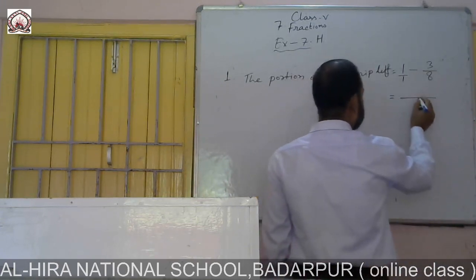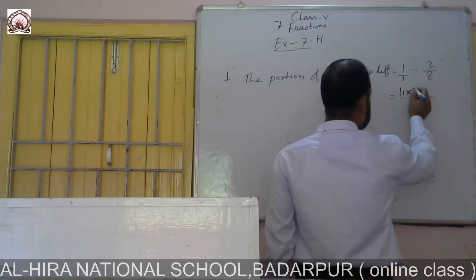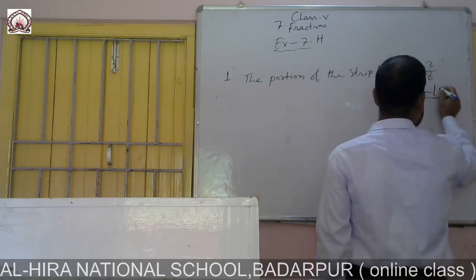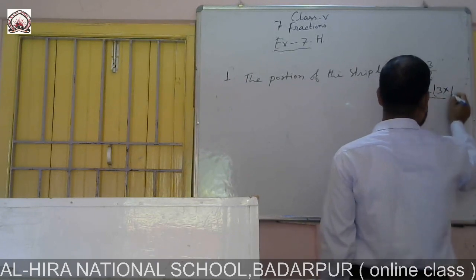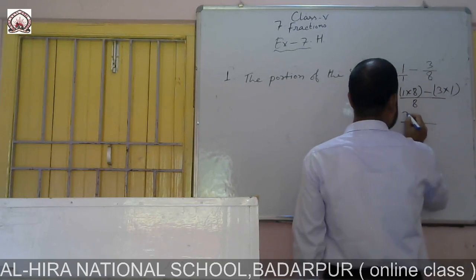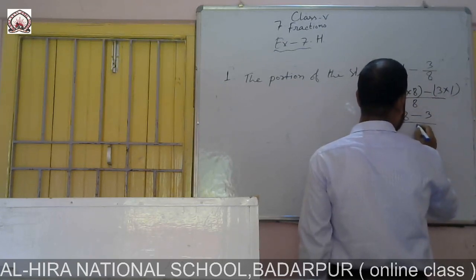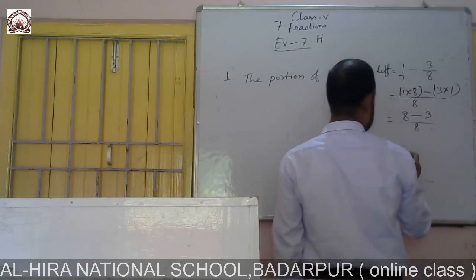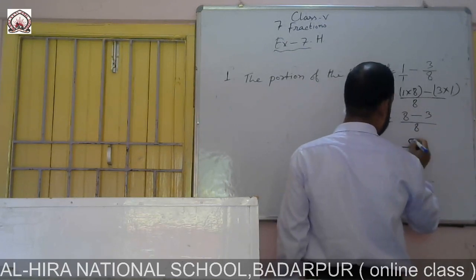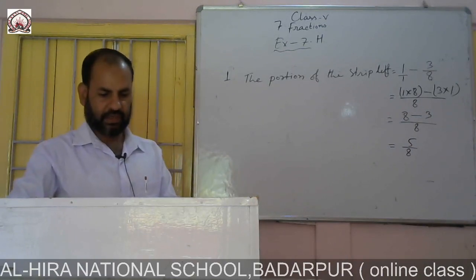So the LCM of 1 and 8 is 8. Here 1 into 1, how many times does it go? 8 times. Minus here 3 into 8 1 is 1. 8 1 is 8 minus 3 1 is 3, so 8 minus 3 is equal to 5/8.